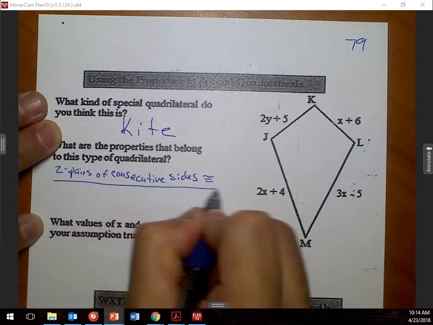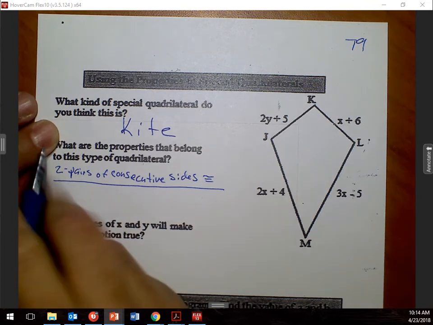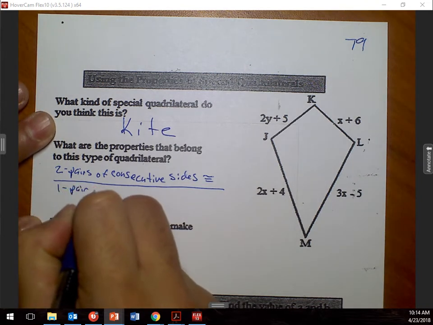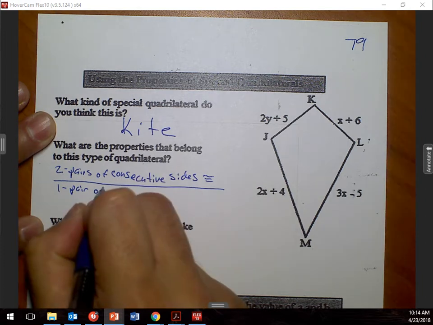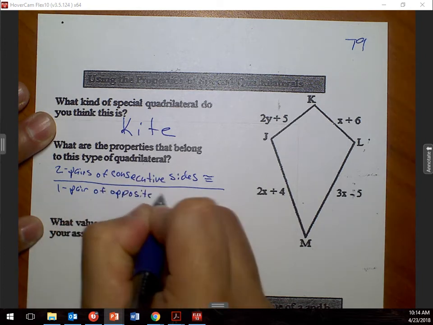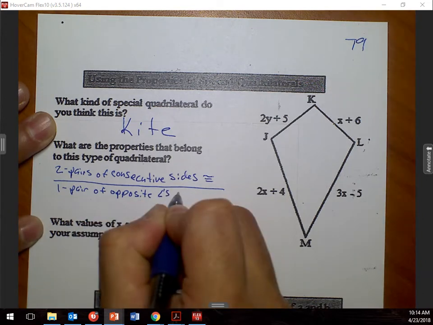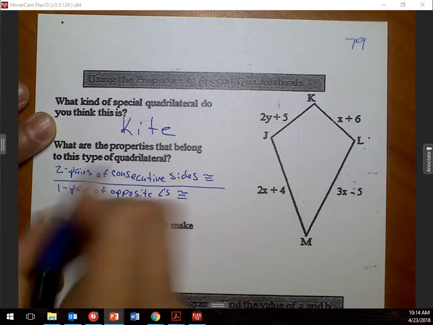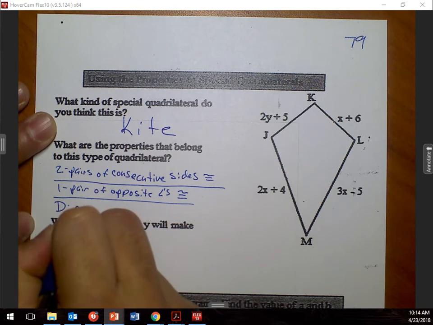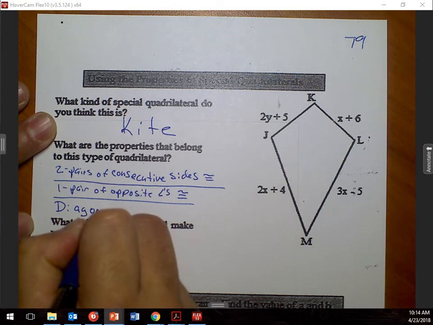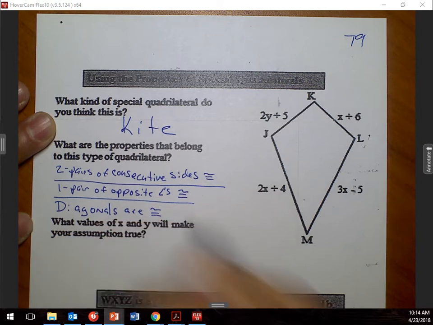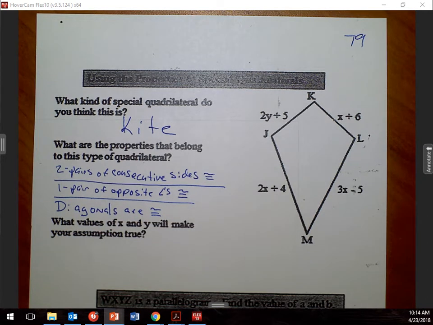A line or something here because I'm killing myself with this. One pair. There we go. So we have all that.